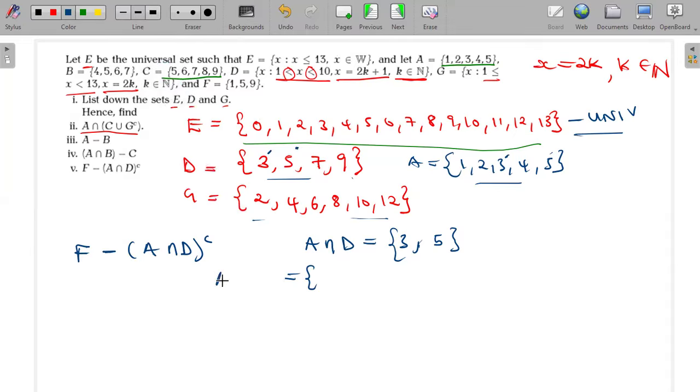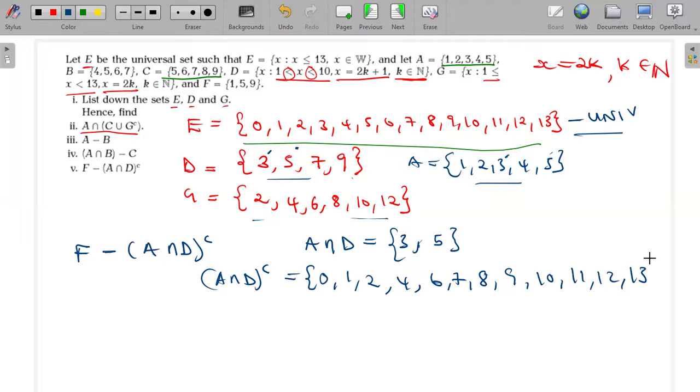We are listing now A intersect D complement. So every element that is not here but is in the universal set, that is 0, 1, 2, we skip 3, we go 4, we skip 5, we go 6, 7, 8, 9, 10, 11, 12, and 13. These are the elements that are in A intersect D complement.